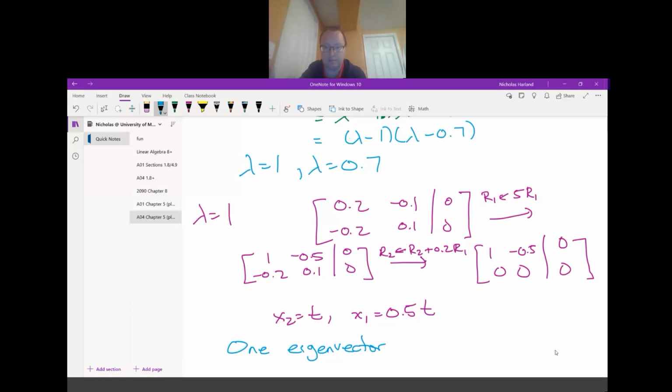Okay, actually it'd be the other way around. But if we wanted to avoid decimals slash fractions, what could we do? Yeah, we could actually let t equal 2 and get the vector 2, 1.